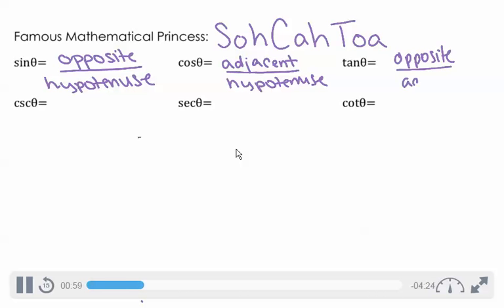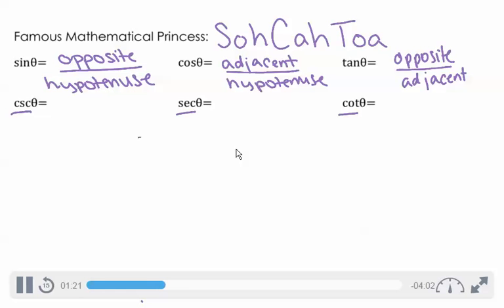Now, these new words that you see below here, CSC, SEC, and COT: CSC is cosecant, SEC is secant, and COT is cotangent. So these are basically just the reciprocals of sine, cosine, and tangent.